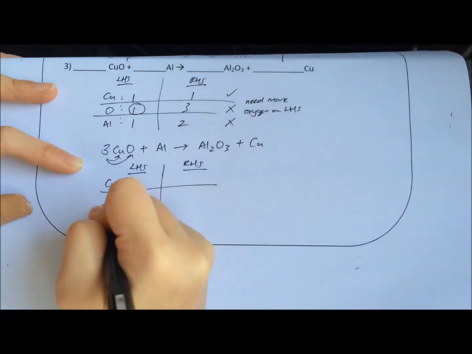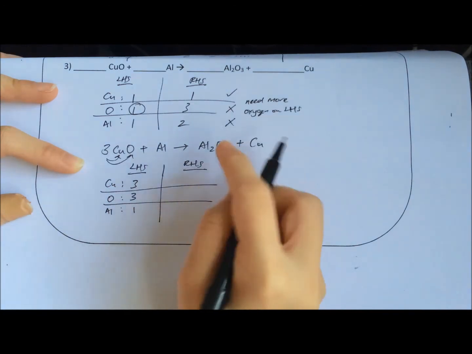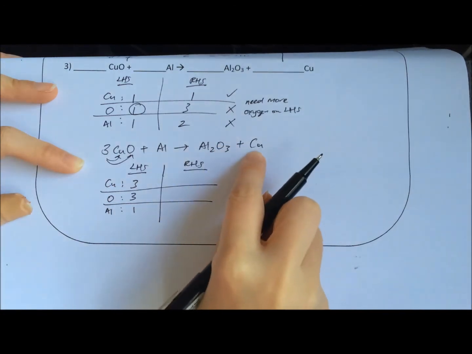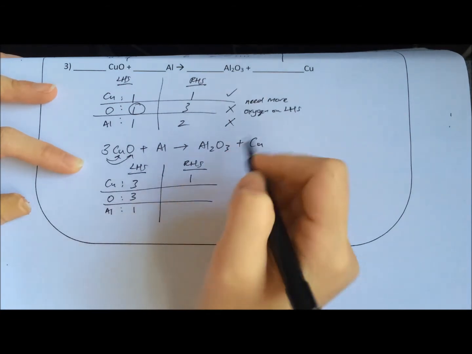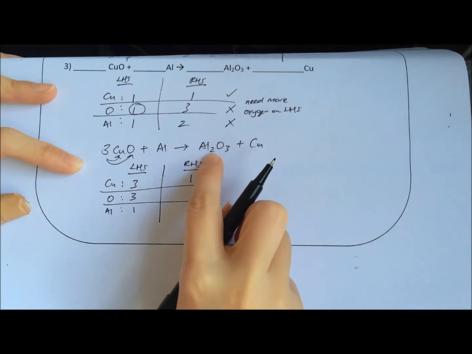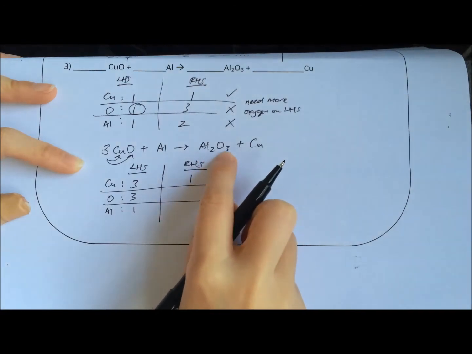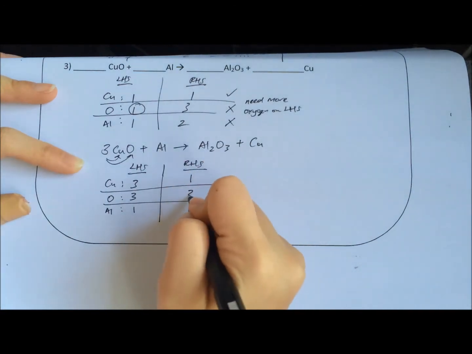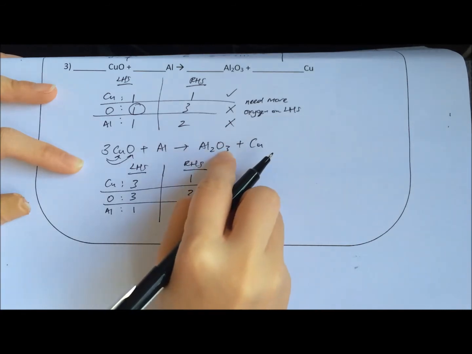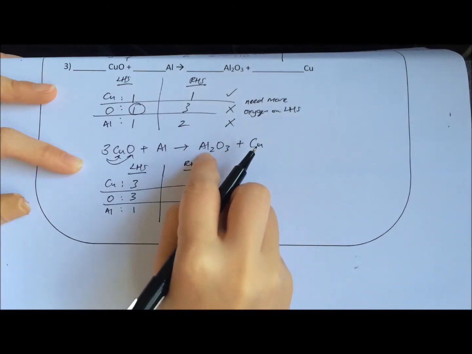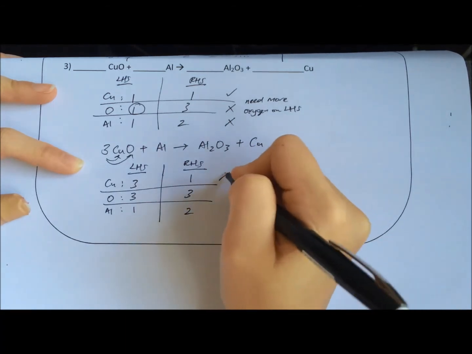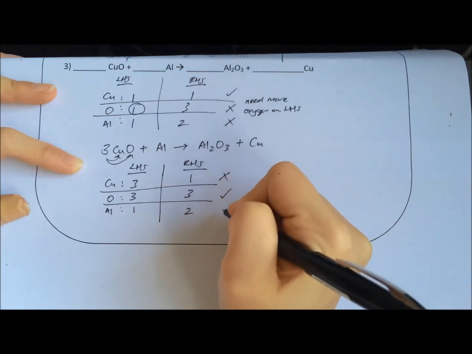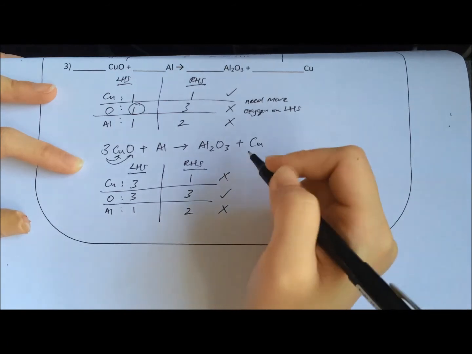Then we check our right hand side. Cu, we have 1. Oxygen, number behind is 3, so 3 oxygen. Aluminium, number behind is 2, so 2 aluminium. So not balance, balance, not balance.